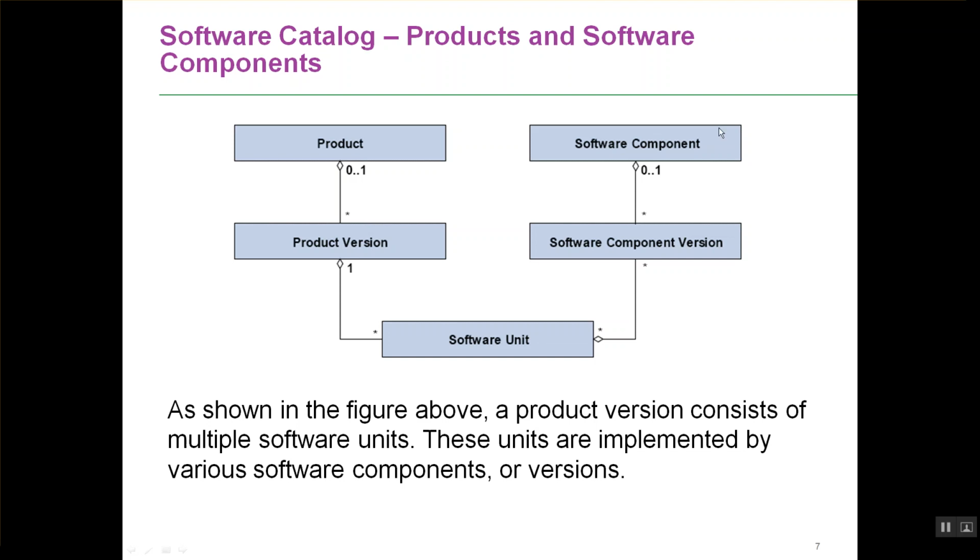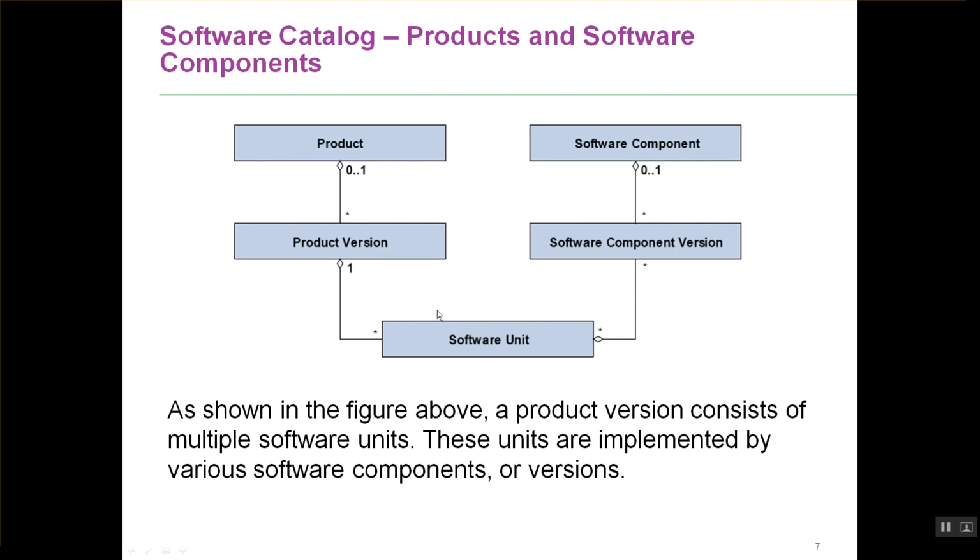Likewise, a software component is nothing but the most fundamental unit of a software. So SAP Basis, SAP HCM, SAP Retail, and so on. And then each of these software components has versions in them. So SAP Basis 6.4, SAP Basis 7.0, and so on. So this is the relationship. And how are these related? The combination of the software product version and software component versions is going to form a unit of a software.